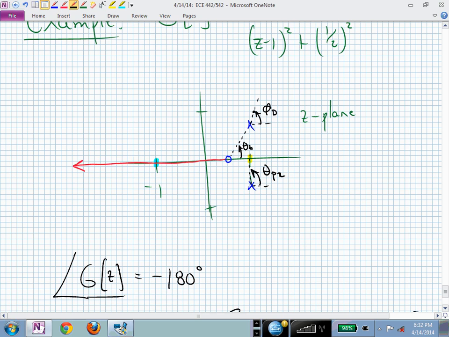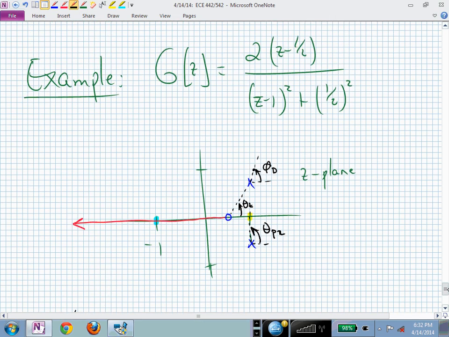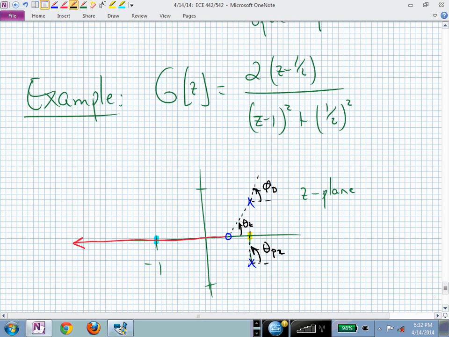And if it's right on top of that x, what's theta sub p sub 2? 90 degrees, isn't it? It just turned a right angle. And that's why I put these where I put them, I'm moving over 1/2 and up 1/2. What's the angle for theta sub z?